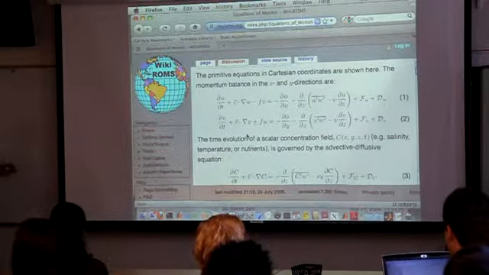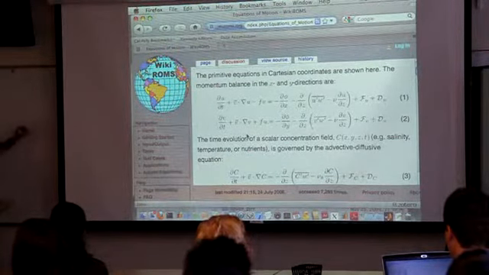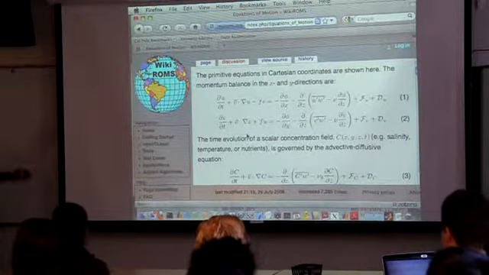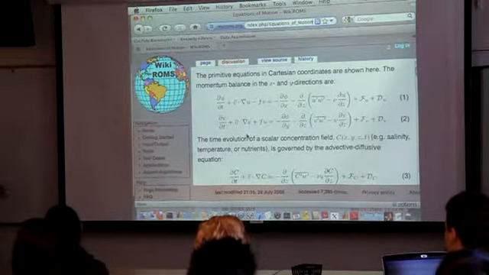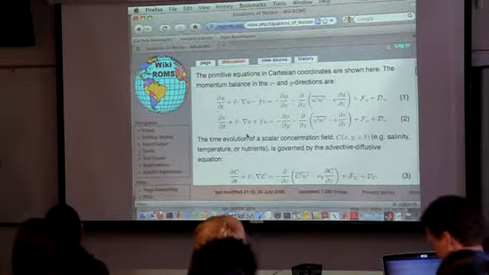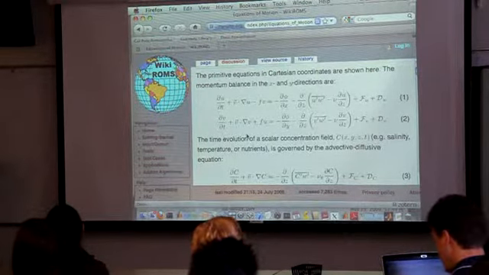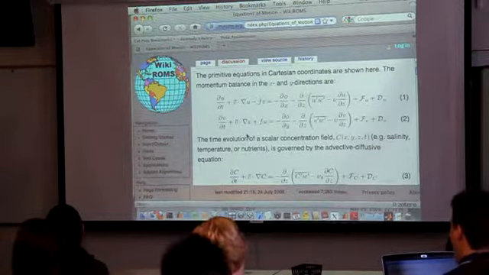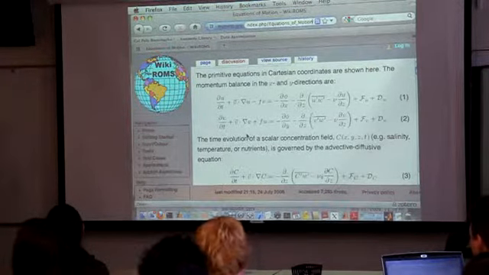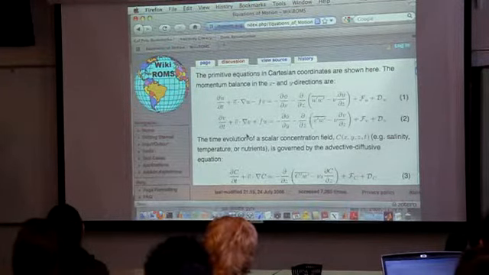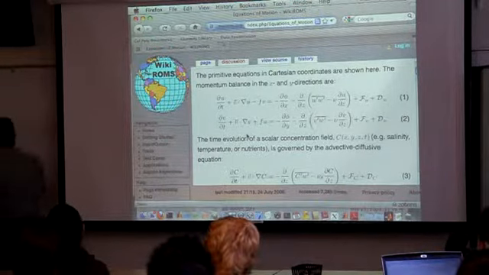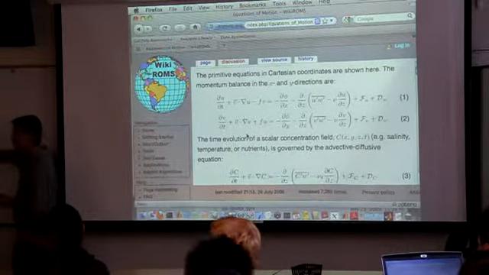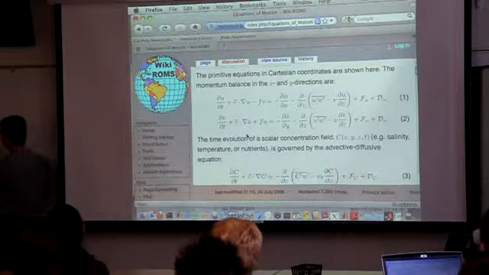Another way of doing it is to assume the coastline of California is perfectly straight, so that at any cross section you get exactly the same stuff going on. Then you look at that cross section: here's the sea surface, and here's the bottom topography. There's a continental shelf break. So there's another version of two-dimensional modeling where you have flow into and out of the page, and you have your sea surface height.